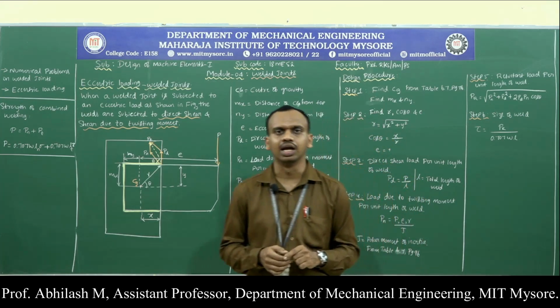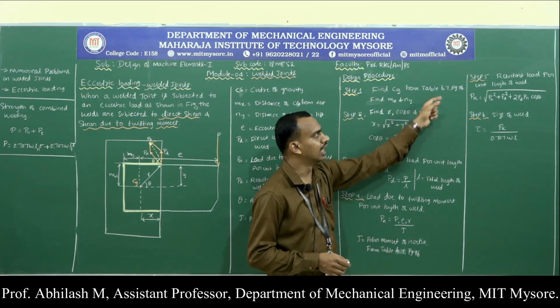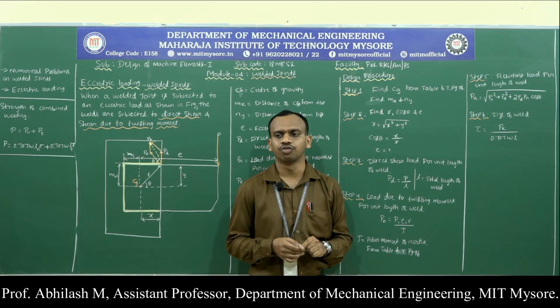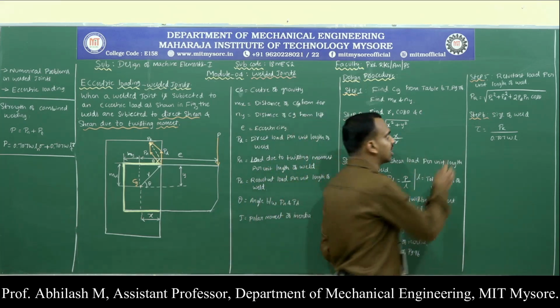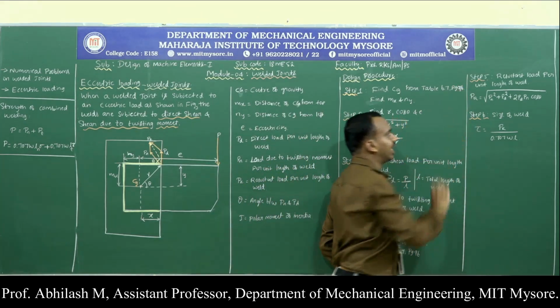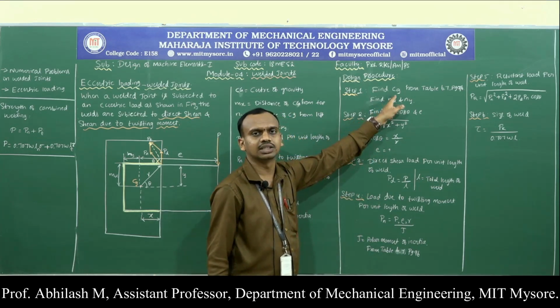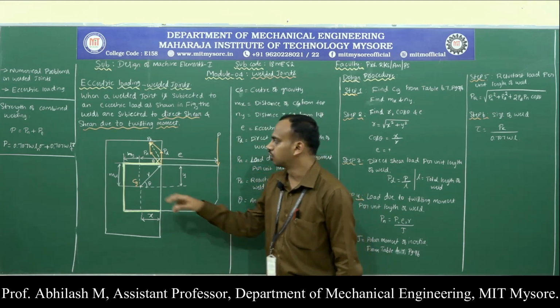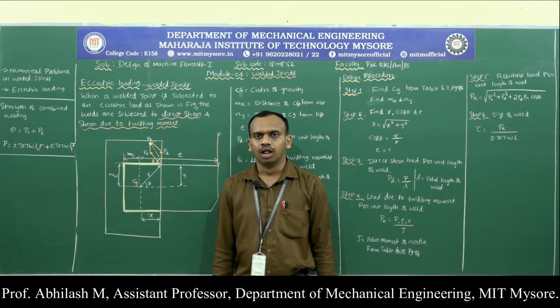In particular, we should refer to table 6.7 under page number 96. There we are going to obtain the value of CG, that is the center of gravity. And then immediately we are supposed to calculate the values of mx and ny.